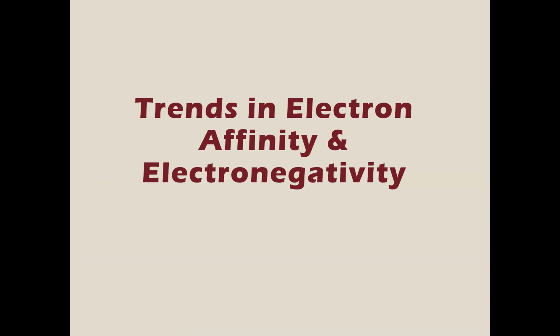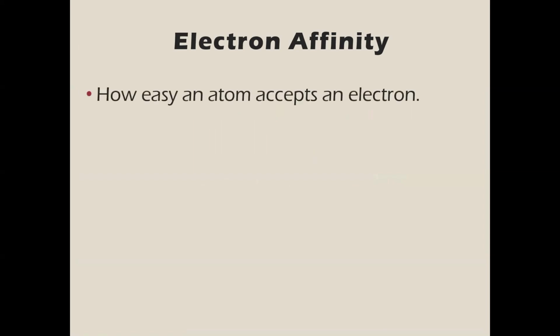Electron affinity and electronegativity. What is electron affinity? Electron affinity is the opposite of ionization energy. Ionization energy is the energy required to lose an electron, to convert an atom to a cation, while electron affinity is how easily an atom accepts an electron, how easily an atom is turned into a negative ion or anion.